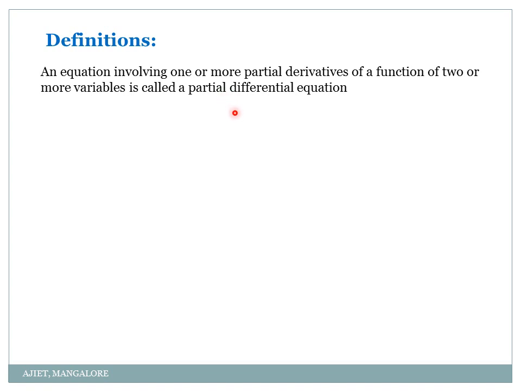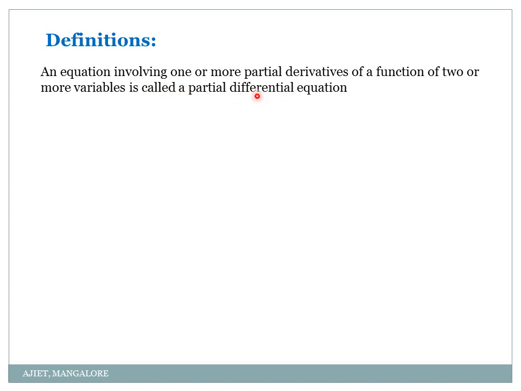Suppose you have z is equal to a function of x, y, correct? Then I can differentiate that z with respect to x or with respect to y. That type of terms are known as partial differentiations. If we have a function with more than one variable, then we always go for partial differentiation. Based on that definition, we are defining this partial differential equation now.